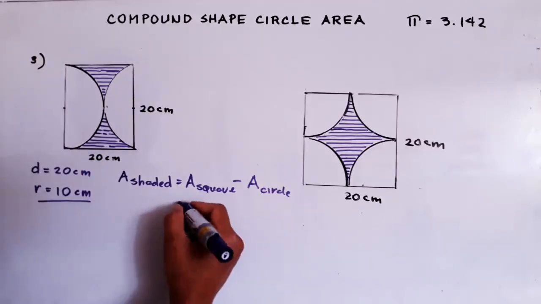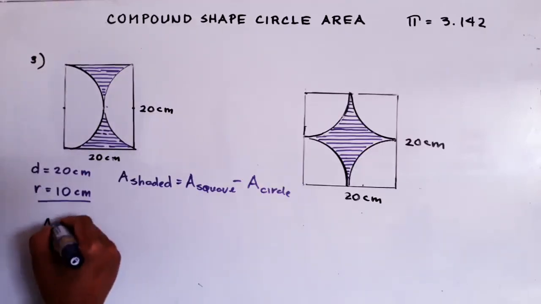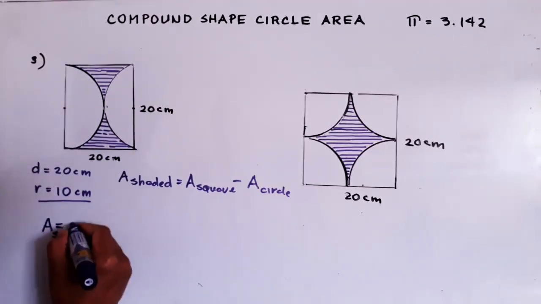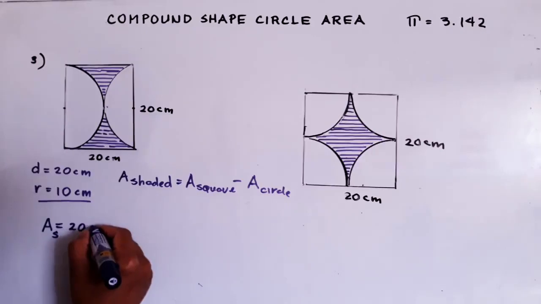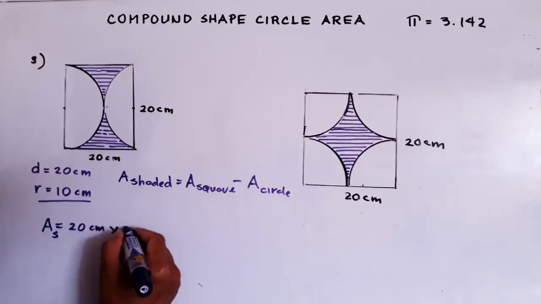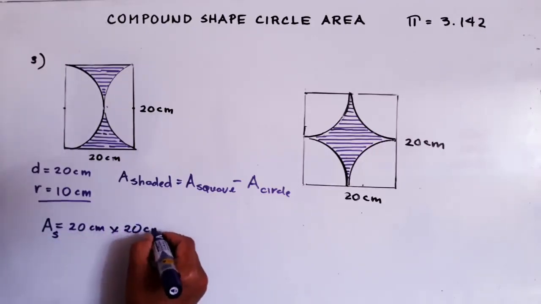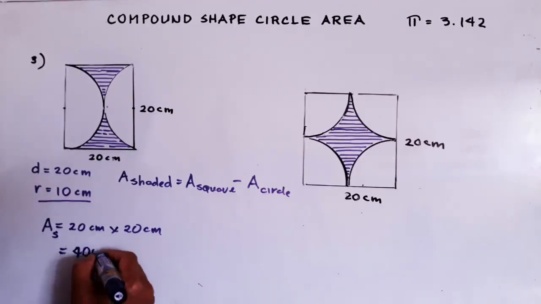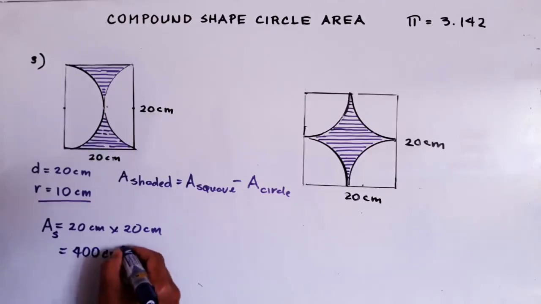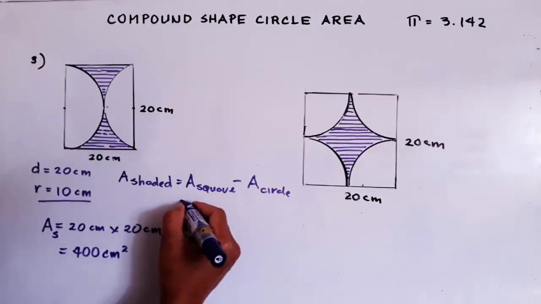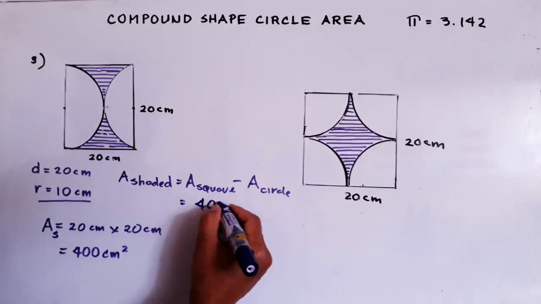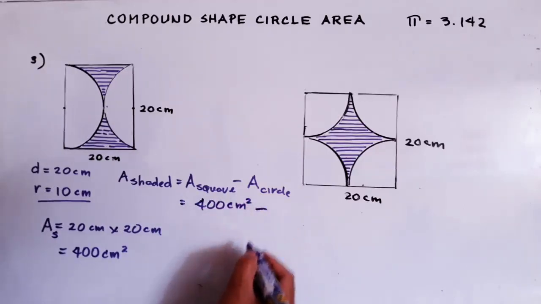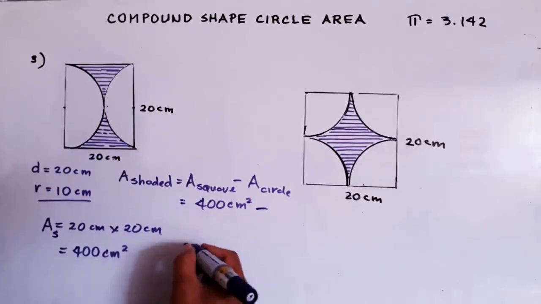So the area of our square is 20 cm by 20 cm, and our area of the square is 400 cm squared. So we can write here 400 cm squared minus, what is the area of our circle?